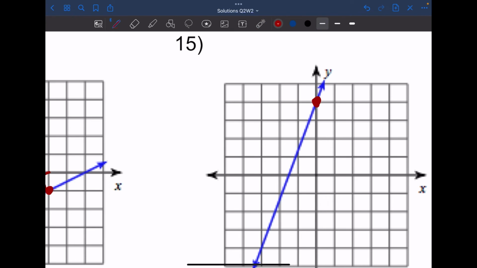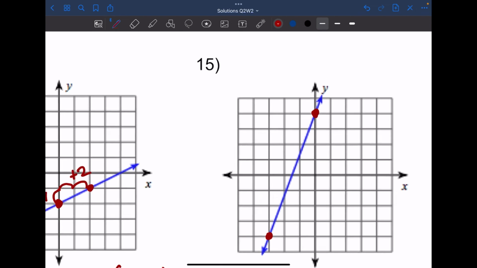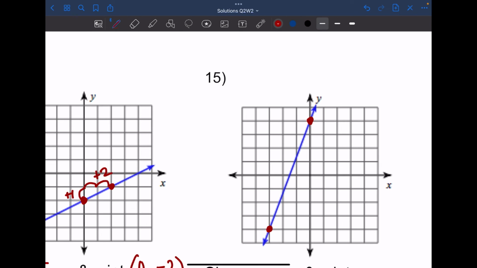So even though there might be some points in between, I know that my slope will always reduce if I don't see those and I have something that I can look at instead. So in this case, I'm going to start from the one on the left and then go to the one on the right.